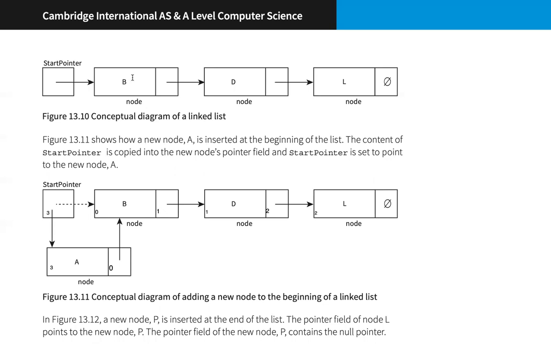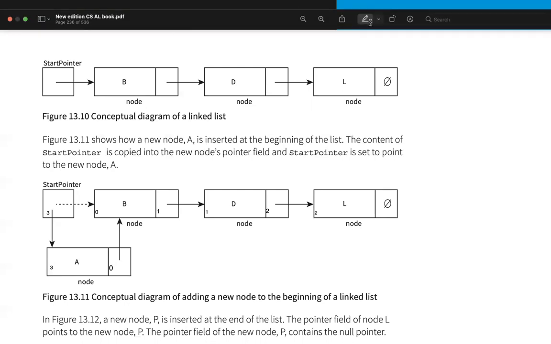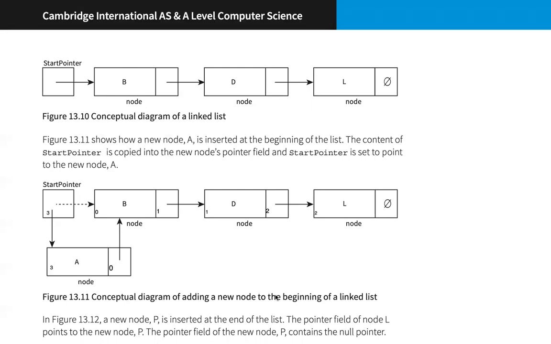So say, for example, this is node index position 0, this is index position 1, index position 2. Let's say this is my 0th node, this is my first and my second.